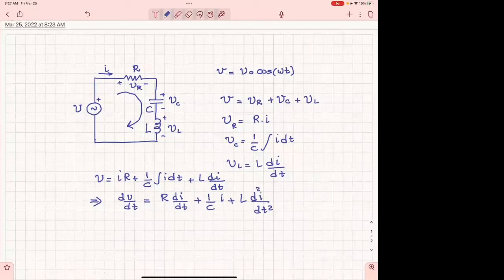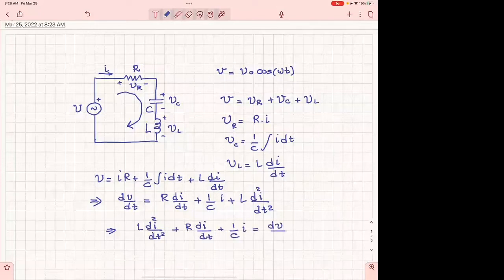And you solve, therefore, a second order differential equation. I will write it practically: L d square I dt square plus R di dt plus 1 over C I equals dv dt.